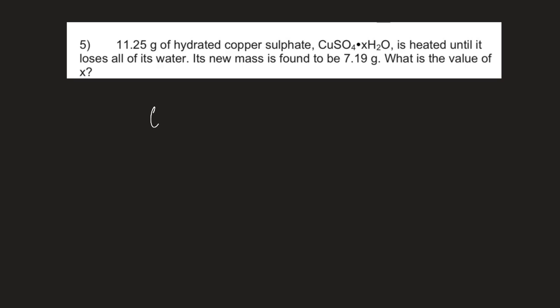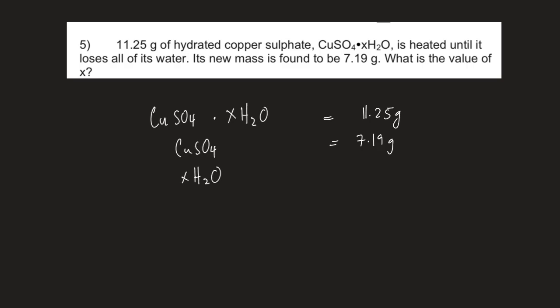Alright, so what I want to do is I want to say CuSO4 times XH2O. That gives me 11.25 grams. CuSO4 gives me 7.19 grams. And the XH2O, that gives me the change in mass, which is the 4.06 grams. Which I got from saying 11.25 minus 7.19.